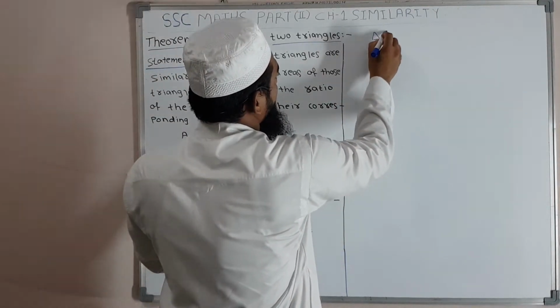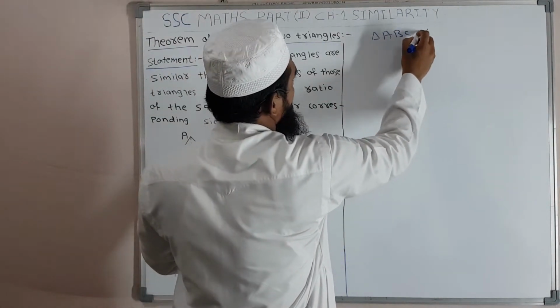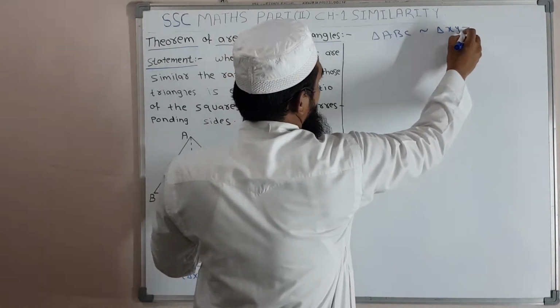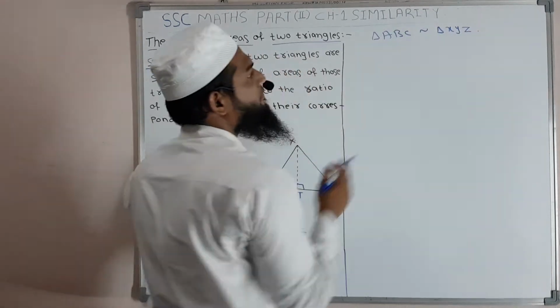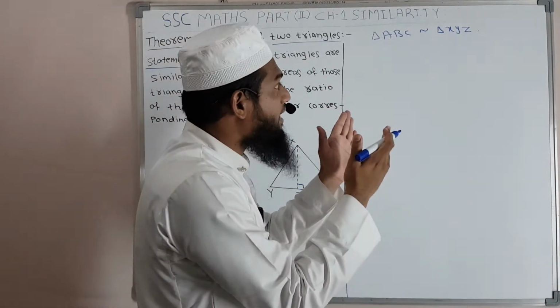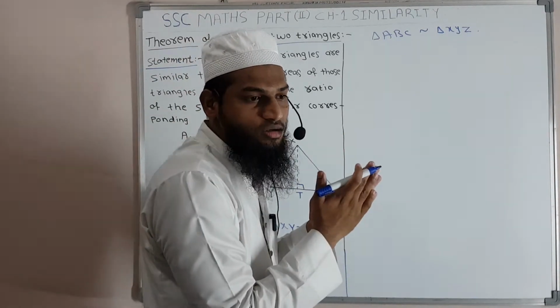So students, what is given in this theorem? Triangle ABC is similar to triangle XYZ. This is given. The angles of similar triangles are also congruent.